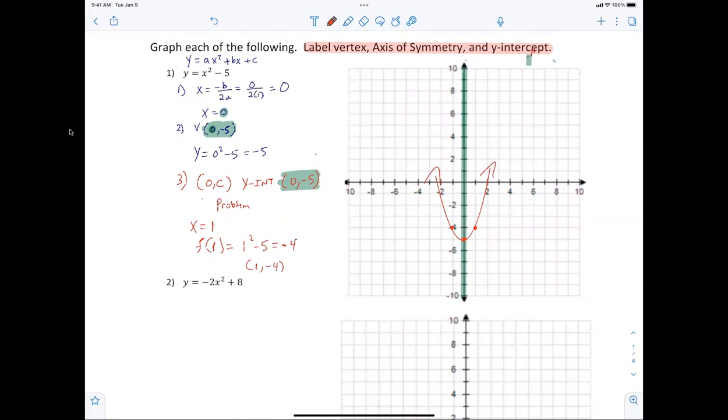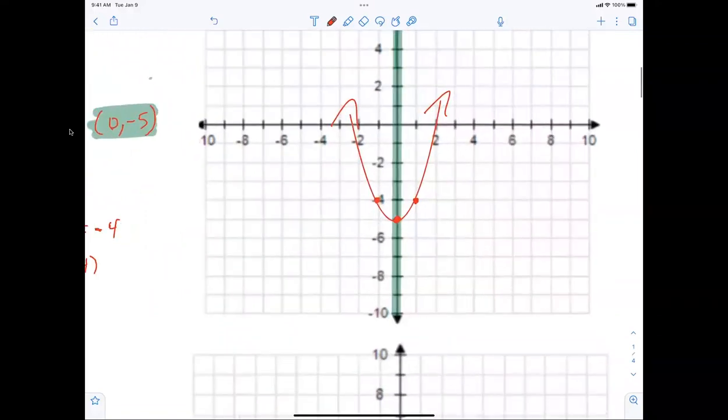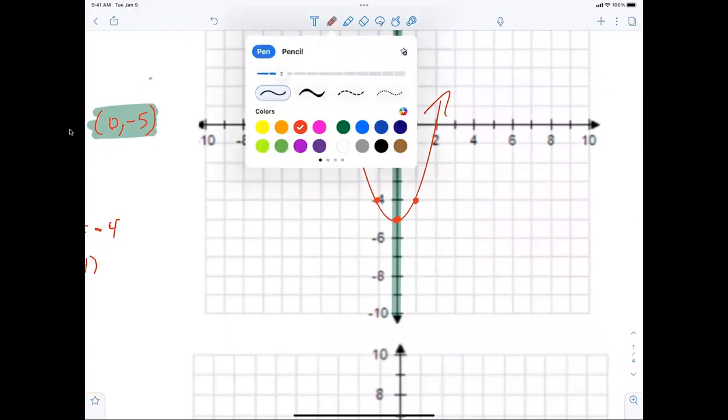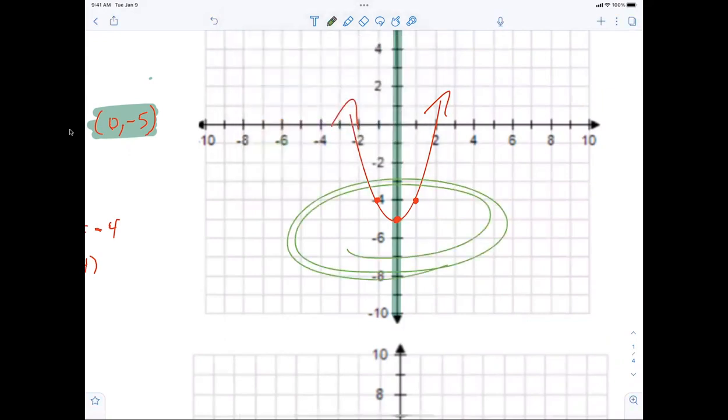Anybody have any questions? All right. Now, let's say we forgot what the vertex was. I really want your attention now because I'm trying to help you with your calculator in the future. Everybody agree this point right down here is my vertex?